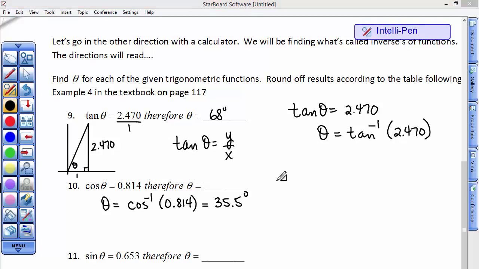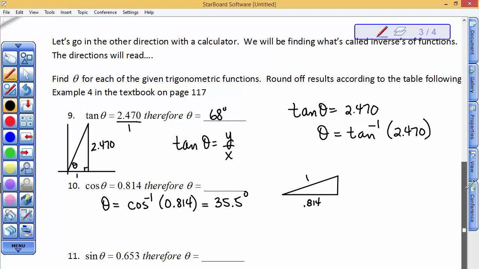If the ratio of my side x to my side r, so in my right triangle the x side is 81% of my r side, then I need to keep this angle kind of small because I wanted this to be 0.814 when that's equal to 1. When that's the ratio, I wanted the x over the r to be that. I probably could have drawn a little bit bigger and gotten that 35 degrees.